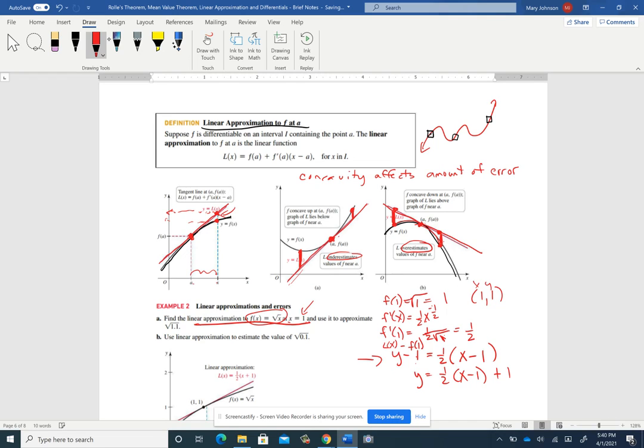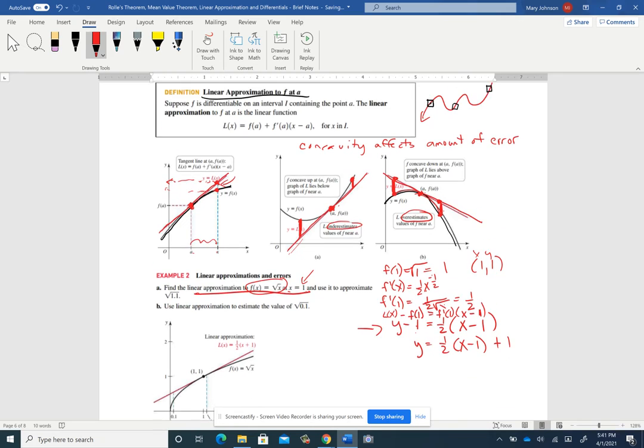The a value equaled the slope, and the slope was the derivative of the function at that specific spot. And then this is x minus the a value we had, which was 1. So you see, it really turns out to be just the point slope formula rearranged.